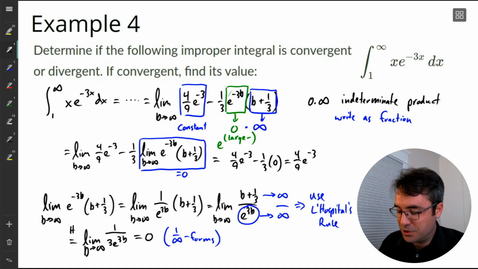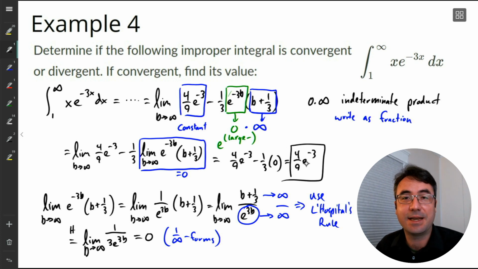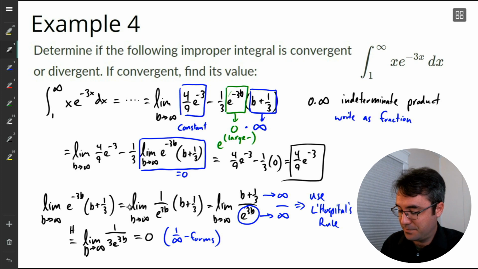And so we were able to show ultimately that this improper integral, once we calculated out our limit, was actually equal to 4 over 9 times e to the negative 3. So some of these can take a little bit, especially when you have to use another integration technique, or you have to do a little bit of work calculating the limits there.